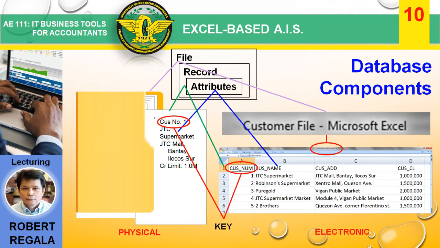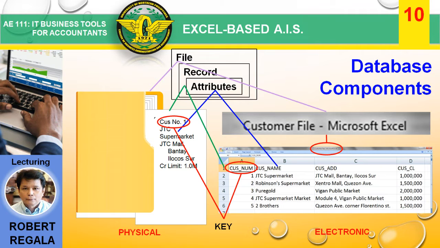The attributes in both physical and electronic data are customer number, name, address, and credit limit. Each attribute is also relevant because it contributes to the information content of the entire set. As proof of this, the absence of any single relevant attribute diminishes or destroys the information content of the set.